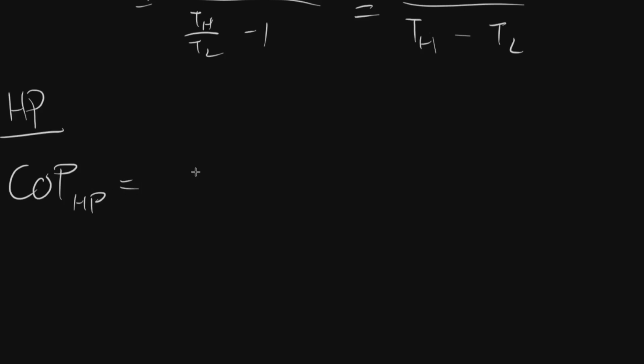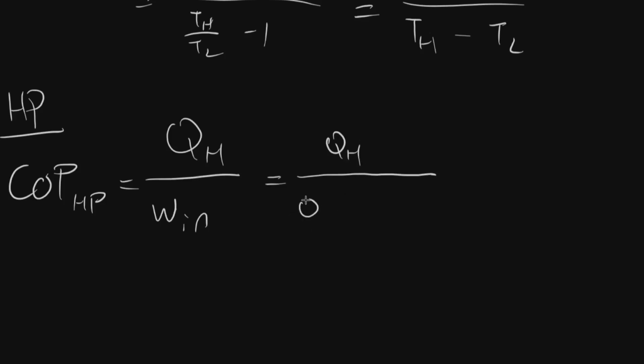For the heat pump, this would be the Q high over the work in, which is Q high over Q high minus QL, which equals, if we divide the top by QH and the bottom by QH, 1 over 1 minus QL over QH.